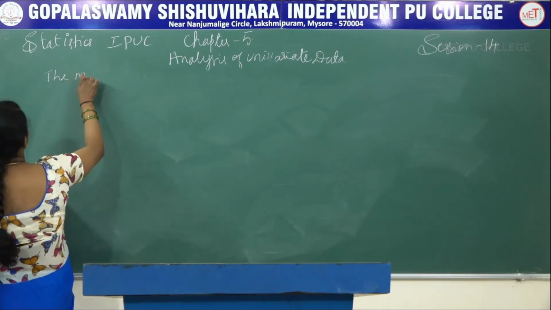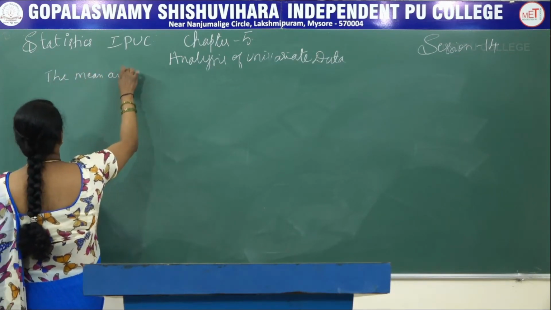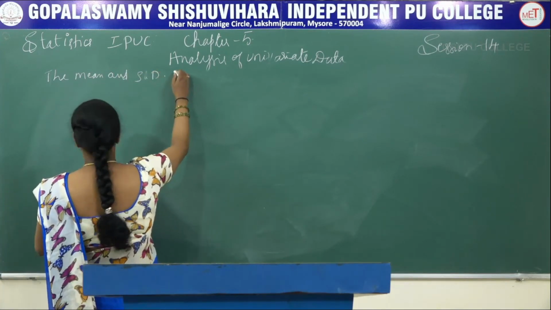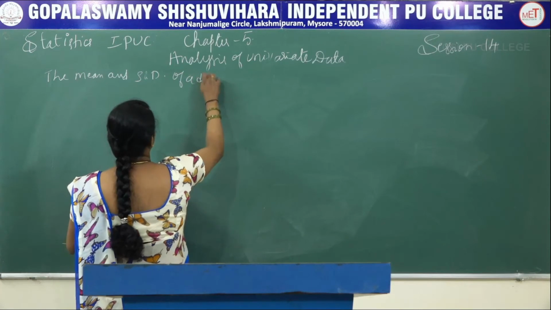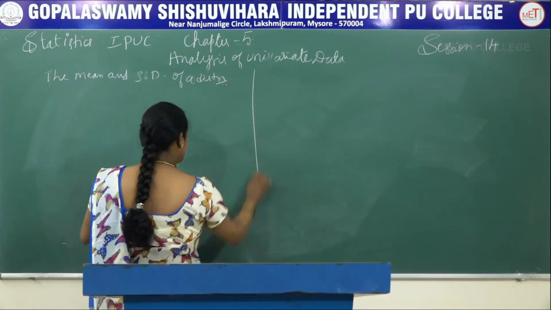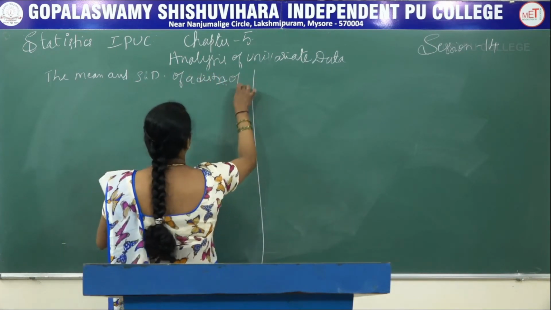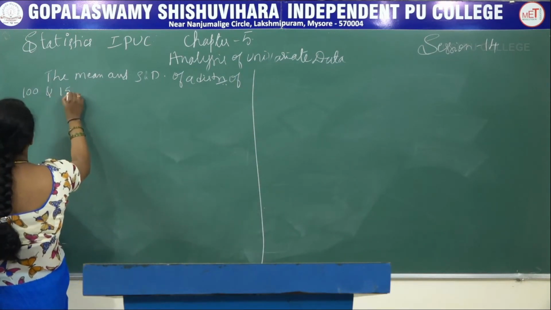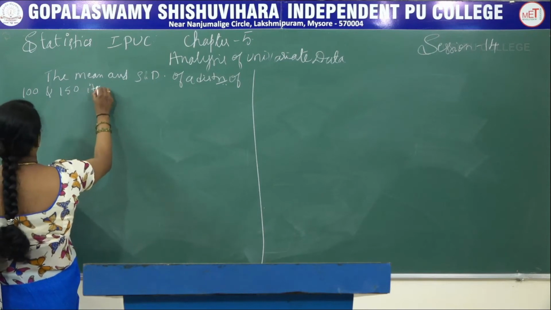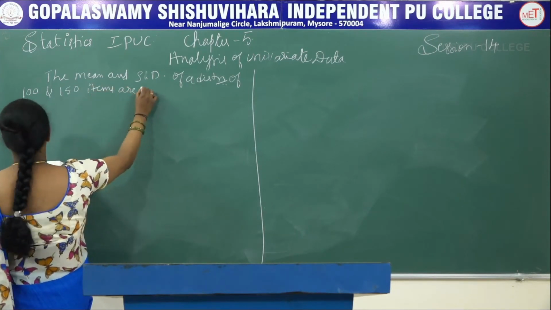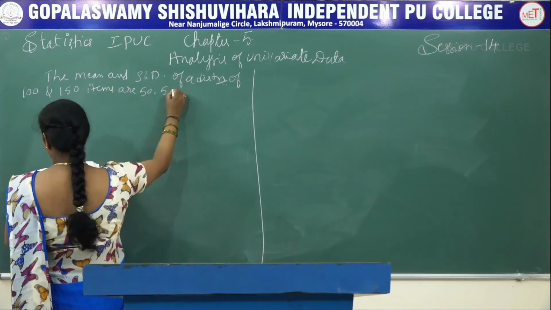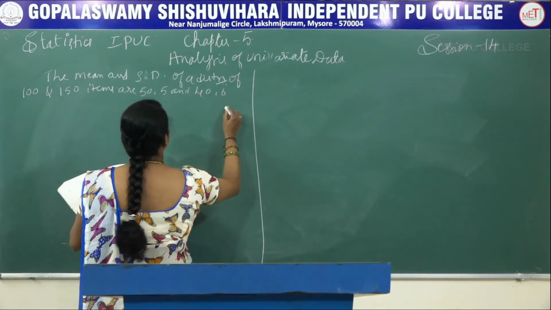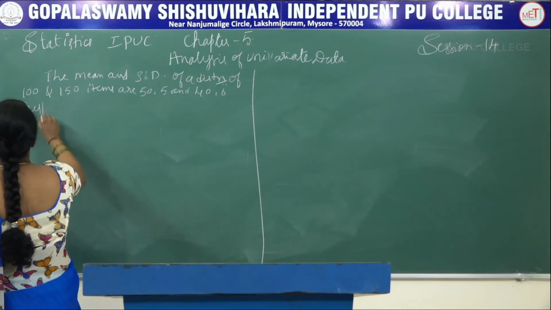The mean and standard deviation of a distribution of 100 and 150 items are 50, 5 and 40, 6 respectively.